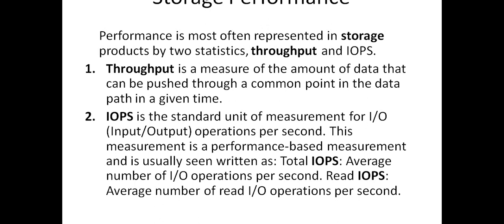Now, storage performance. Storage performance is most often represented in storage products by 2 statistics: one is known as throughput and the other is known as IOPS. Throughput is a measure of the amount of data that can be pushed through a common point in the data path in a given time.